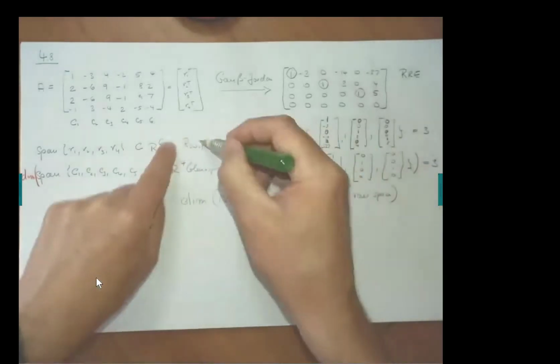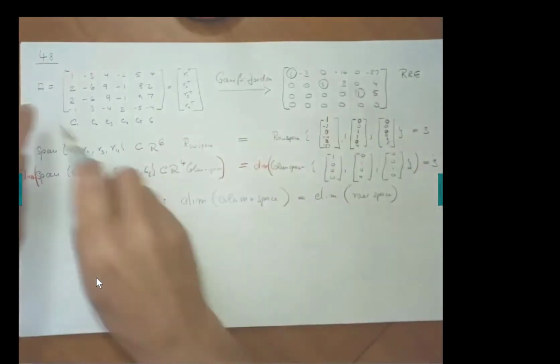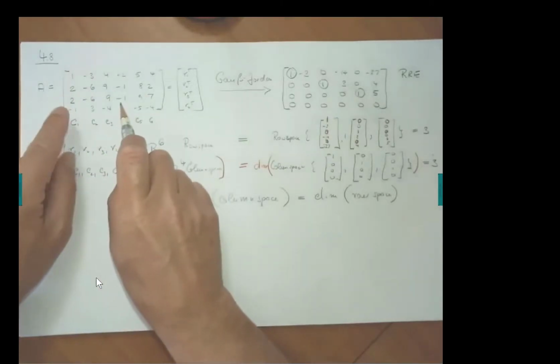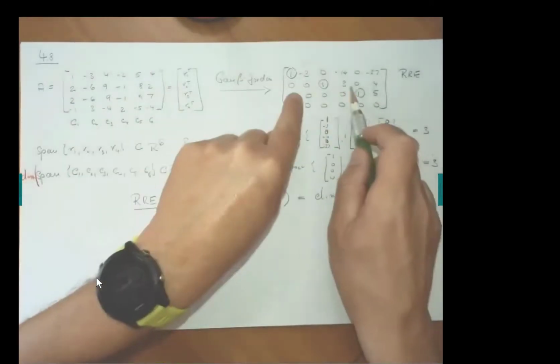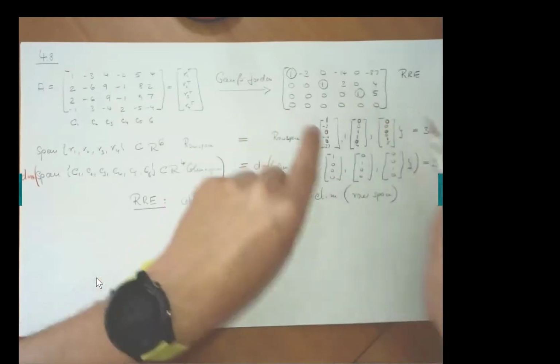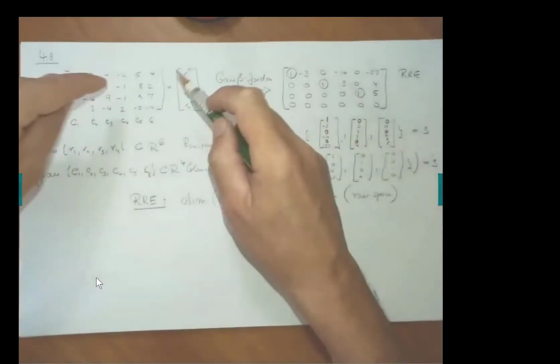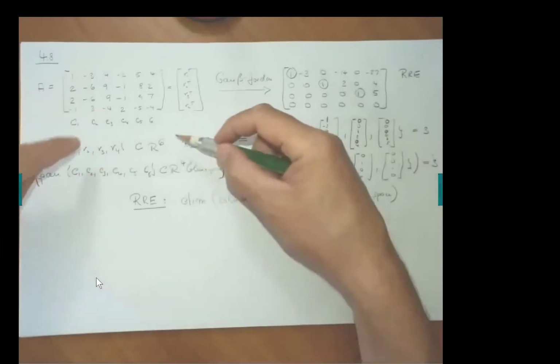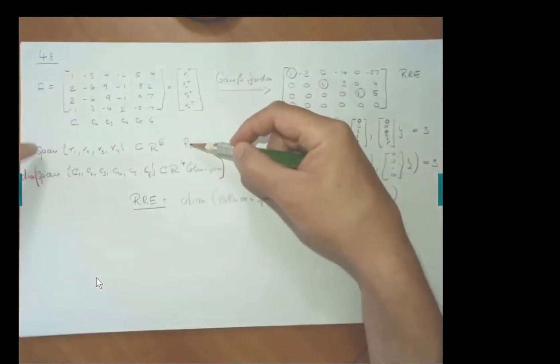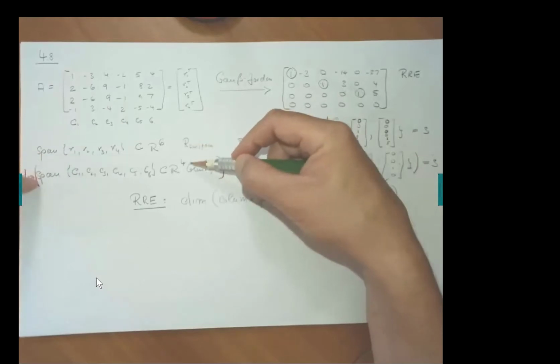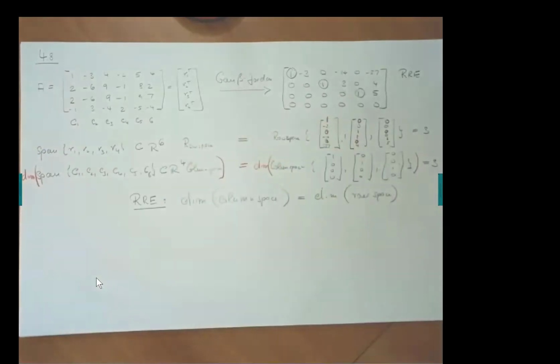But because this was just an example, and every matrix can be brought to reduced row echelon form, this is the same for every reduced row echelon form. That means for every matrix, the dimension of the row space and the dimension of the column space are the same.